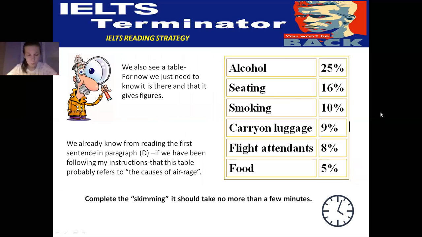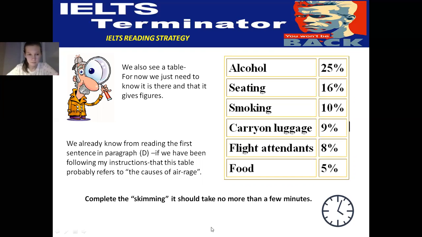Now we also see a table, and it's pretty obvious that that table would be put there for a reason. It's going to have something to do with it. All we need to know at this stage is that there are some figures and some items mentioned here, and we can generally make the assumption that these items and the percentages have probably got something to do with why there is air rage.